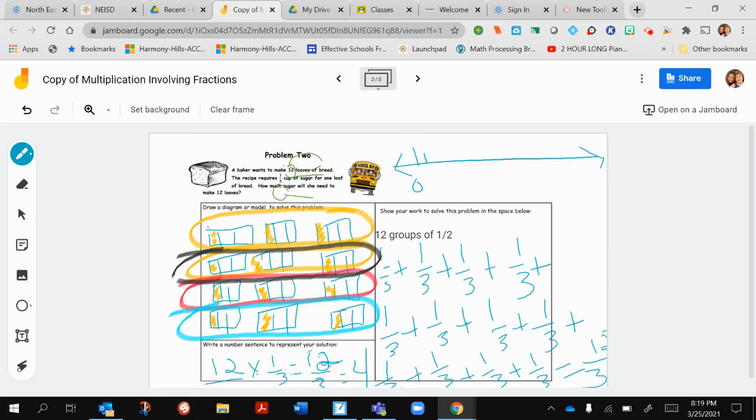I'll start with 0, and it'll be 1/3, 2/3, 3/3, which is 1 whole, and you'll go to 4/3, 5/3, 6/3. You'll go all the way up to 12 thirds and then show your 12 jumps.